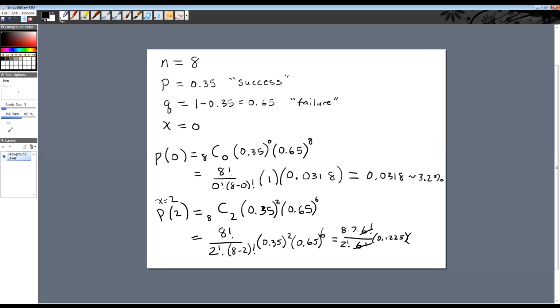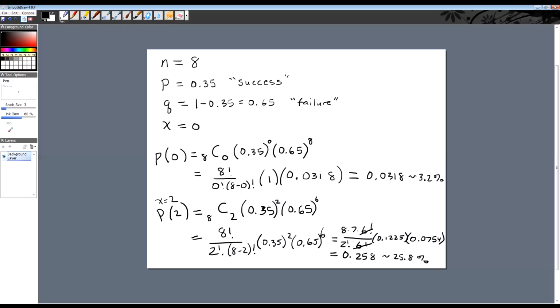And 0.65 to the 6th power is 0.0754, and we get a probability of 0.258, which is about 25.8% probability.